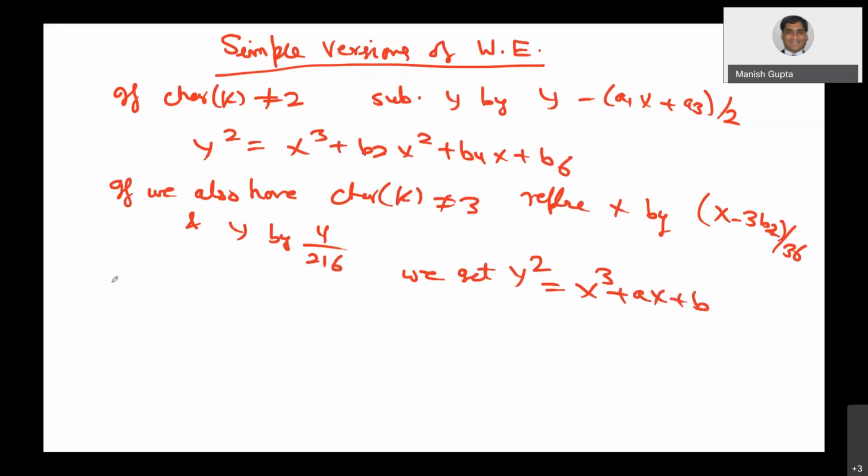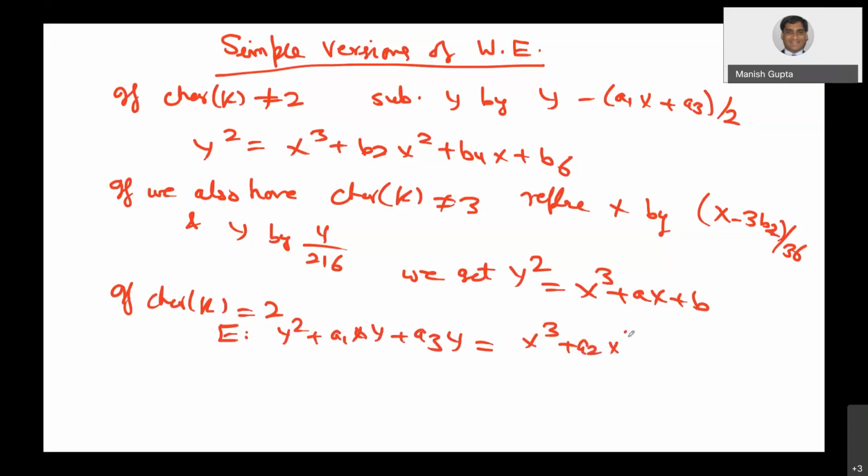Okay, if the characteristic of K is equal to 2, then our curve E is y square plus a1 xy plus a3 y is equal to x cube plus a2 x square plus a4 x plus a6.